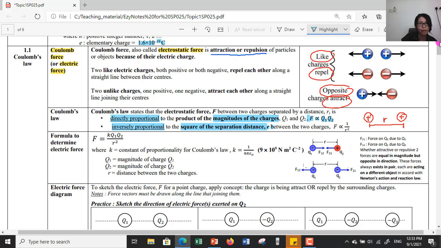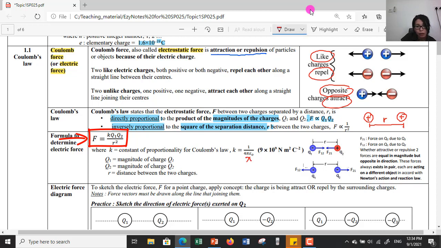We have F equal to k Q1 Q2 over r squared, where k is what we call the constant of proportionality for Coulomb's law. So the value of k is calculated from the permittivity of free space, whereby we have 1 over 4 pi epsilon naught.